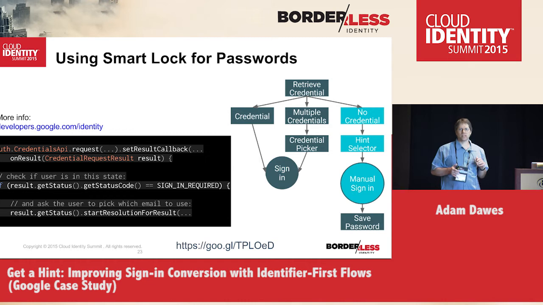There's a corner case. They may have multiple credentials, in which case they have to choose. That's that middle path. And then there's the case where nothing happens to be stored for the user. And so what we offer instead of providing a credential is the account chooser experience. So you can surface that to the user, and whichever identity they select, you'll get all the information associated with it.